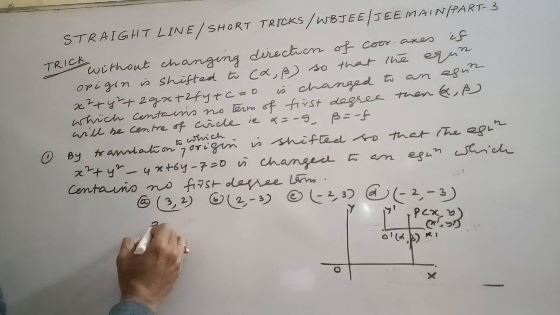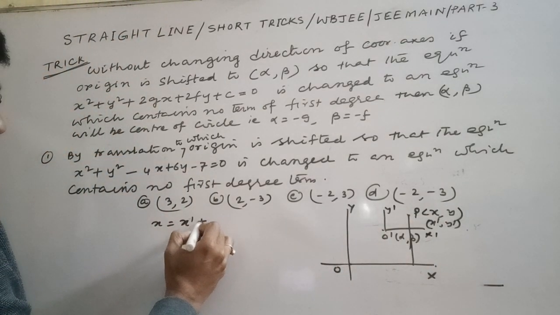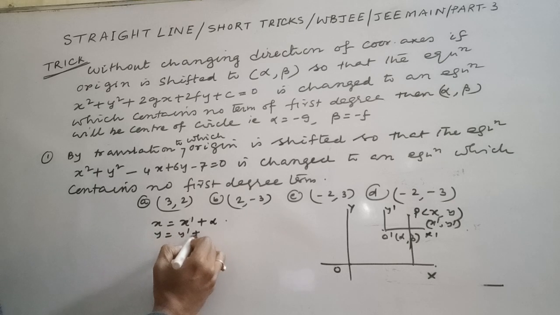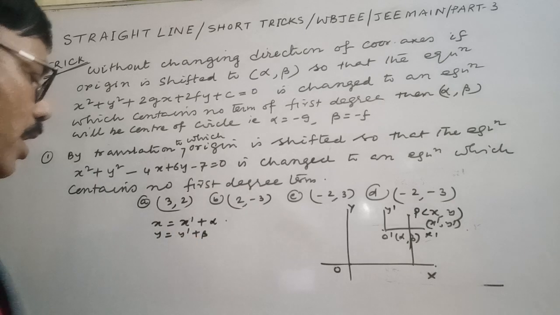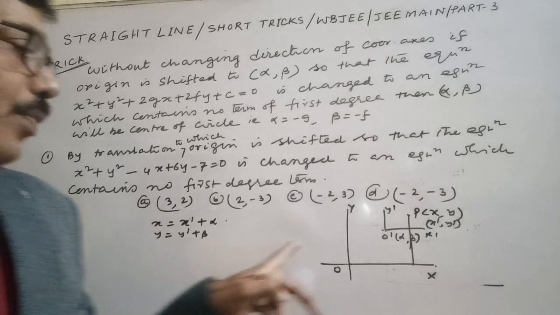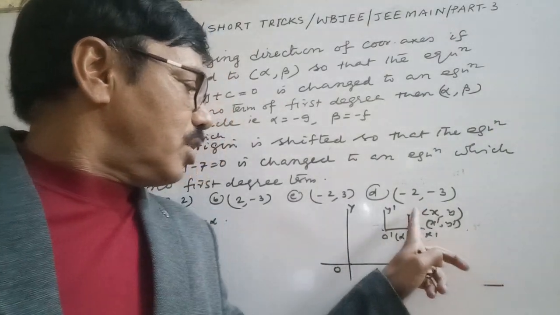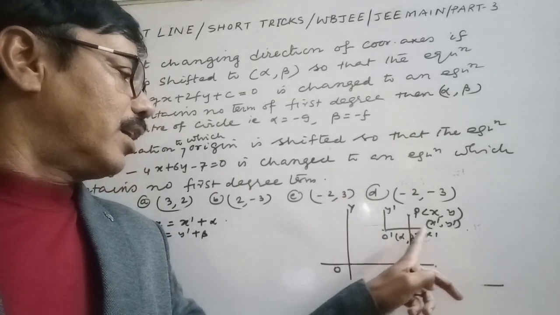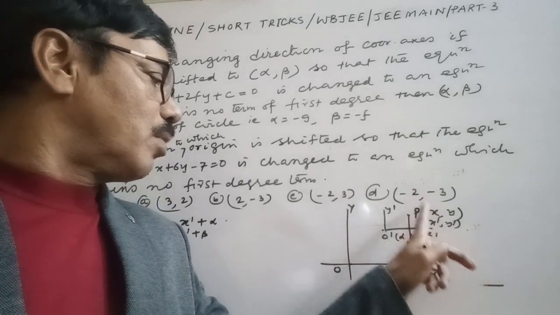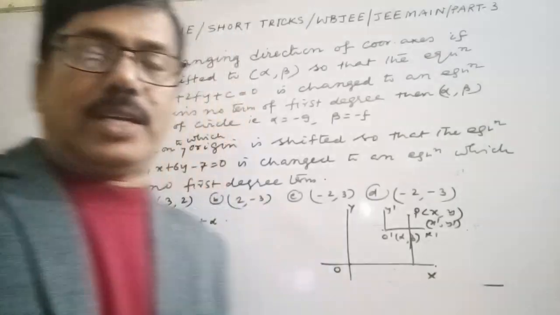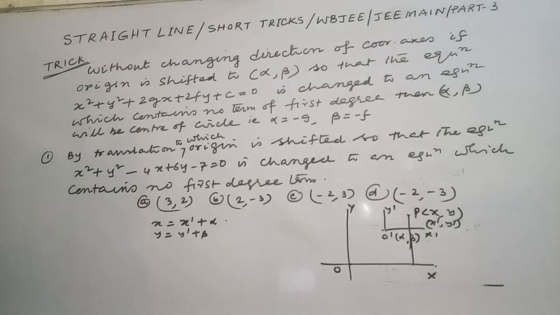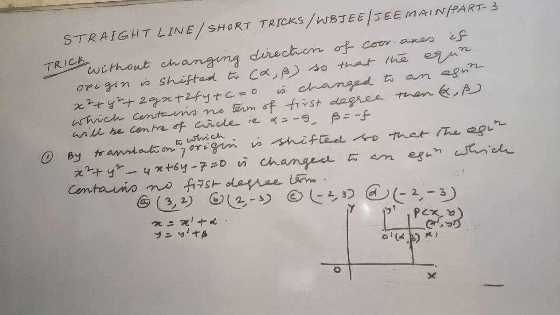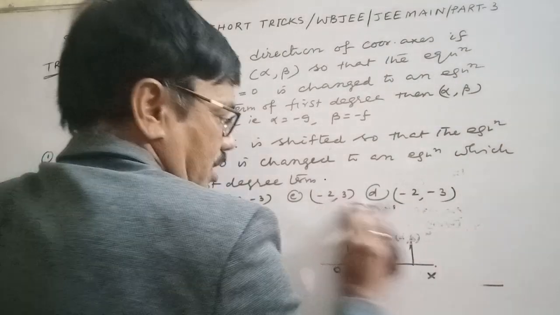Then x equals x dash plus alpha and y equals y dash plus beta, where x y is the position of P with respect to old axis and x dash y dash is the position of P with respect to new axis. Now, this is our transformation, this is our formula.